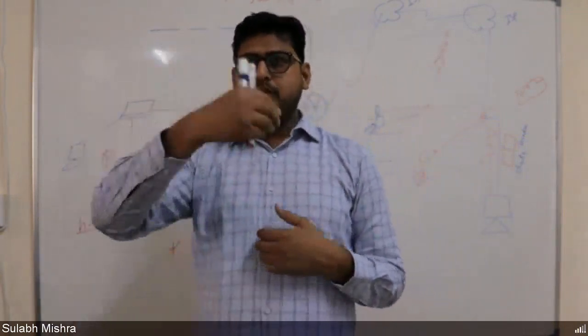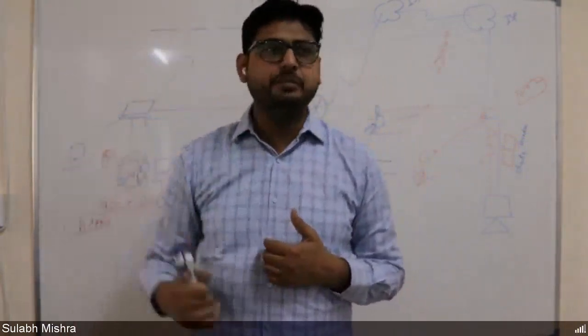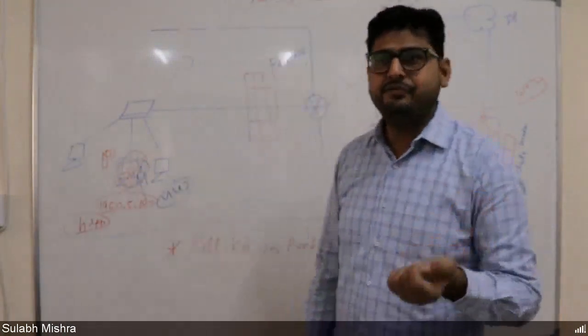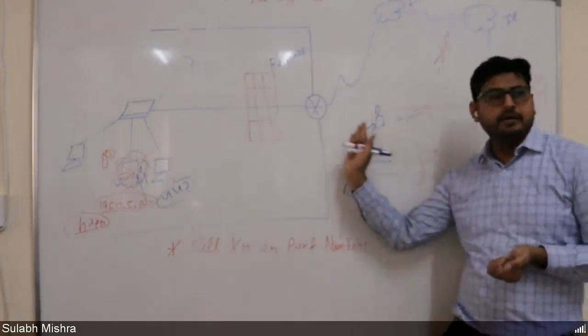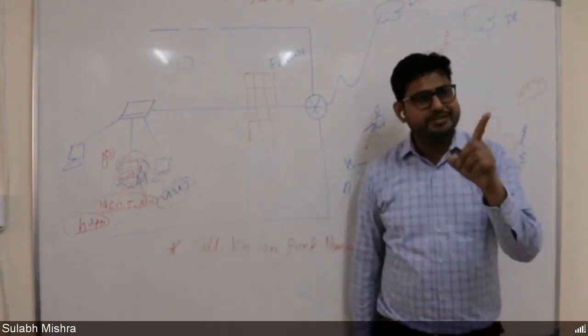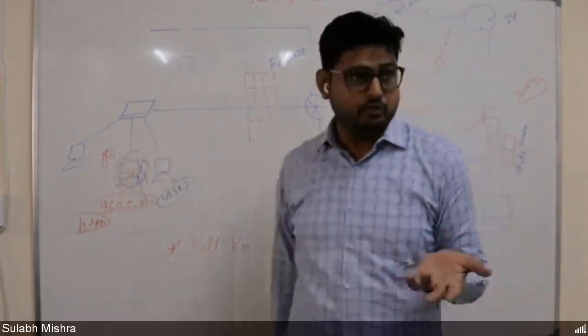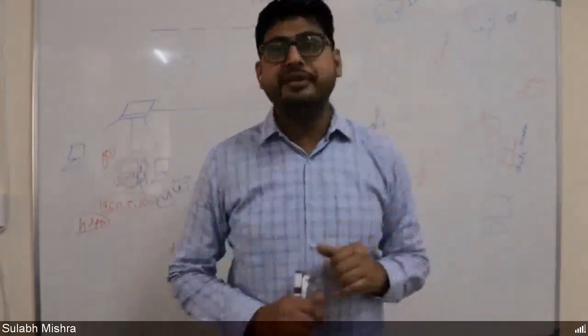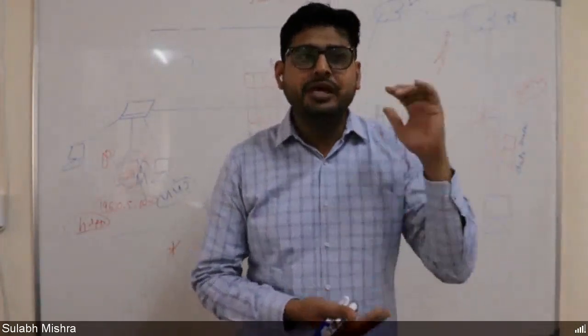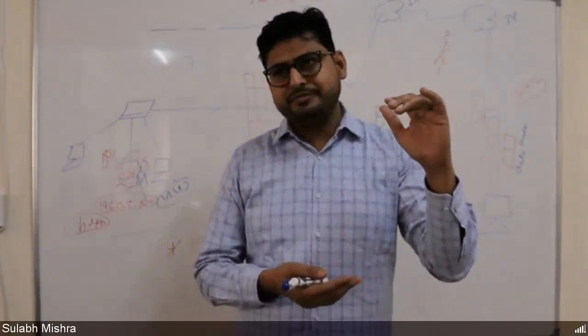If you want to transfer large files over FTP, then port number 20 or 21 has been assigned for FTP. These ports are reserved. SFTP uses port number 22. For DNS lookup, port number 53. Those are reserved. So there is a set of port numbers reserved for specific services.